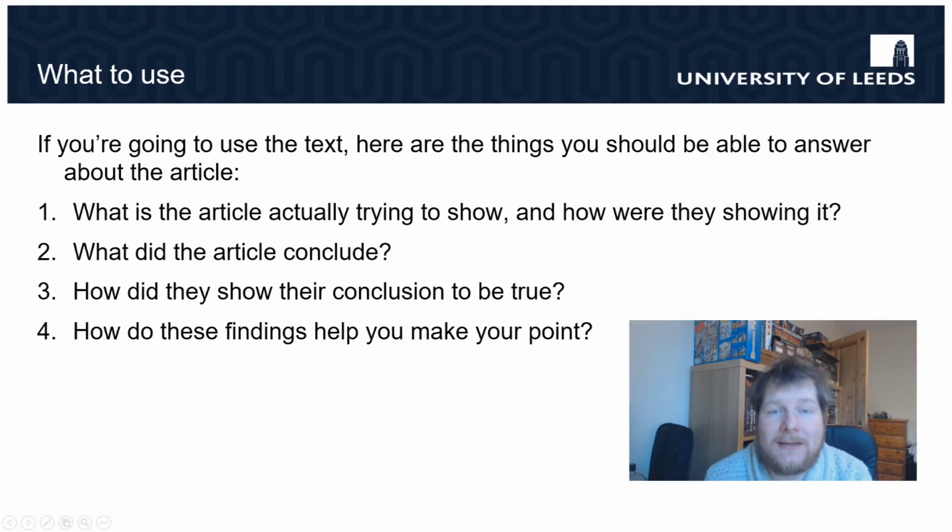You should be able to answer that if you're going to use that information. If you can't, then it's questionable whether you should be making that point. Now, sometimes the reason that you can't answer that question is because they themselves are citing somebody else. Their data has come from somebody else, and in all honesty, we're probably just being a bit lazy, and we don't want to read the paper that they got the information from.